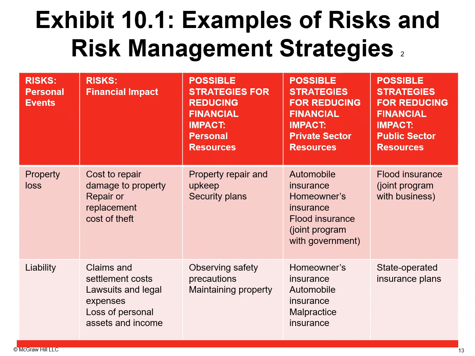Liability is another thing in property loss. That's a really hard thing to provide for, because what you're looking for there is claims, settlement costs, lawsuits, loss of personal assets, and loss of income. People can sue for all those things in liability. If you're at fault in a car wreck, or your tree fell on their house, or those kinds of things, they're going to need their money right away.